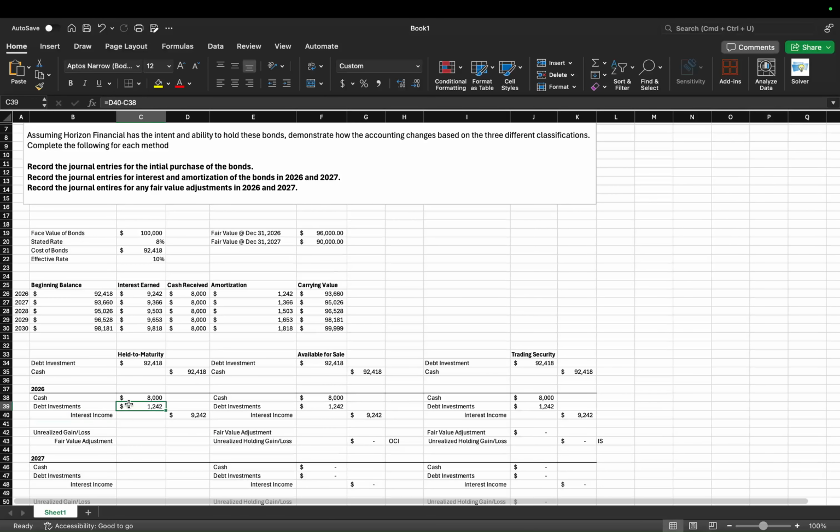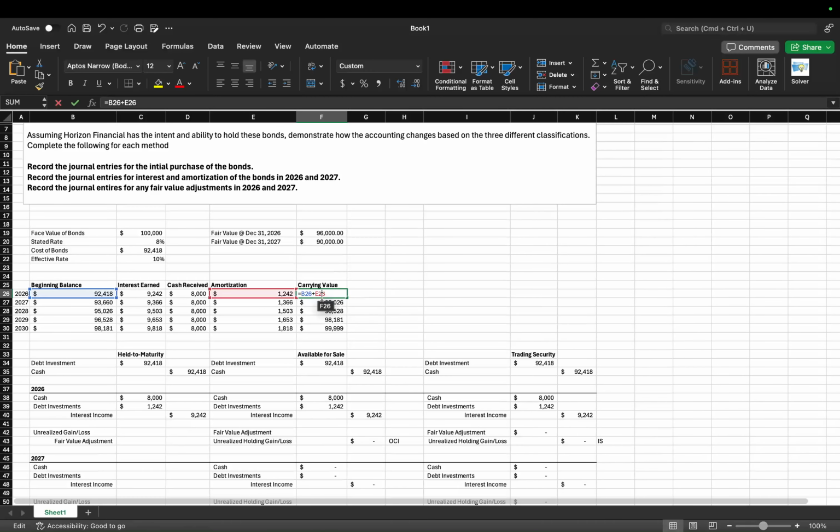However, debt investments is under a different name here. We're increasing the value of our debt investments, because we debited it here and recorded the bonds originally, and now we're saying they went up by another 1,242 to get a carrying value of 93,660.